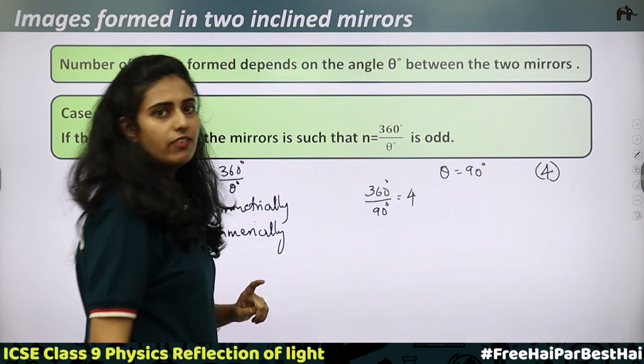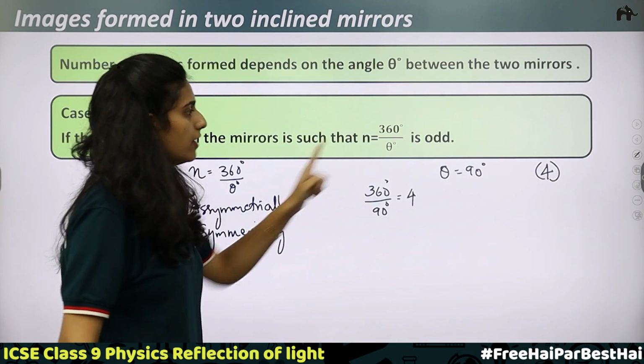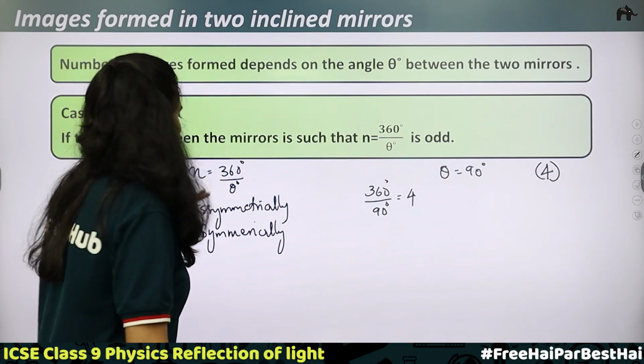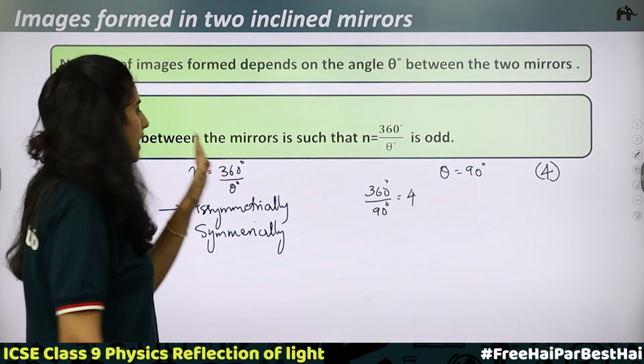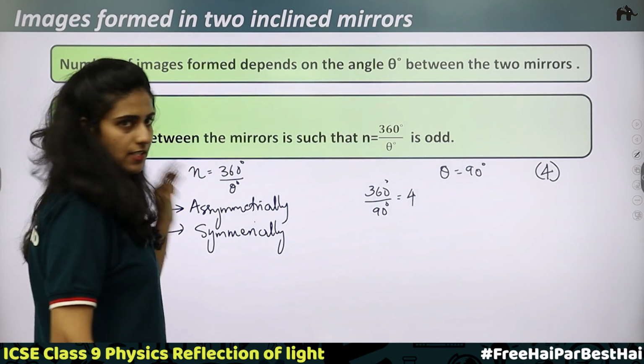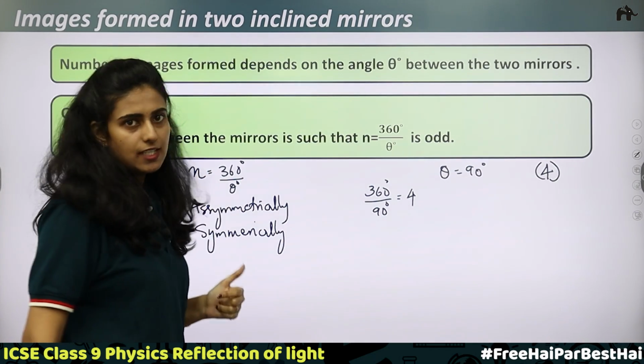This is an even number. This is applicable only when it is an odd number. So, if you are taking a case where you are getting an n value that is an odd number, in that case, we discuss the asymmetrical case and the symmetrical case.